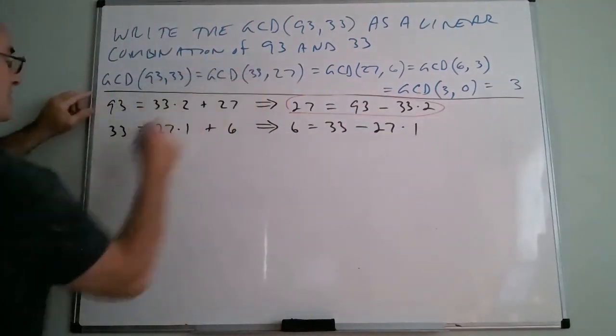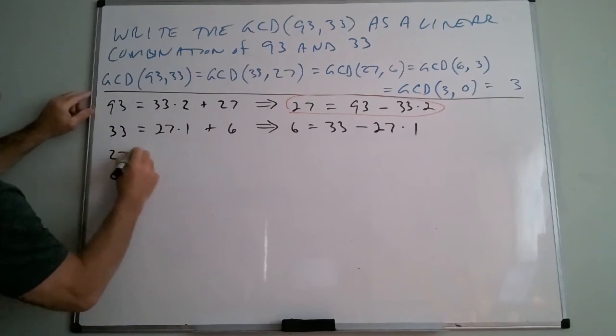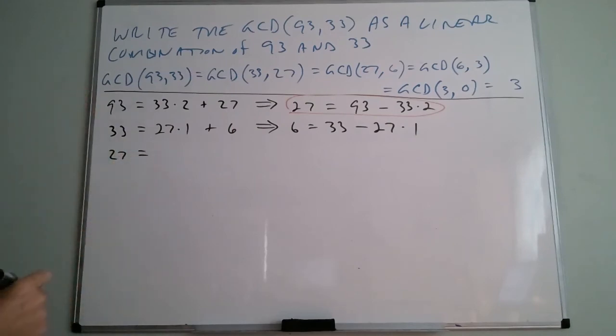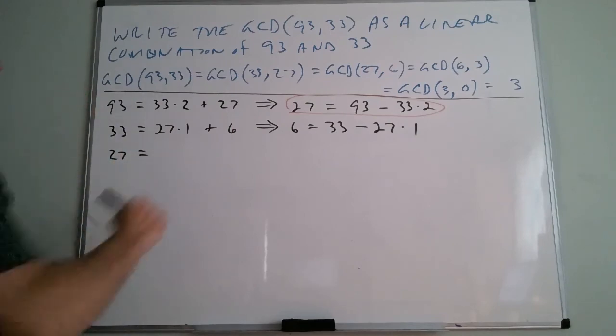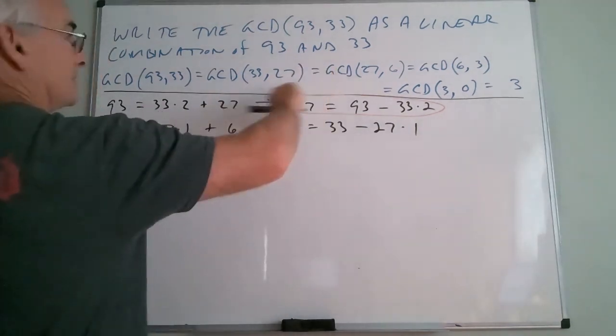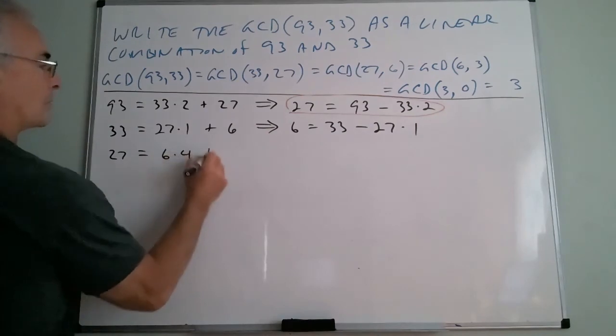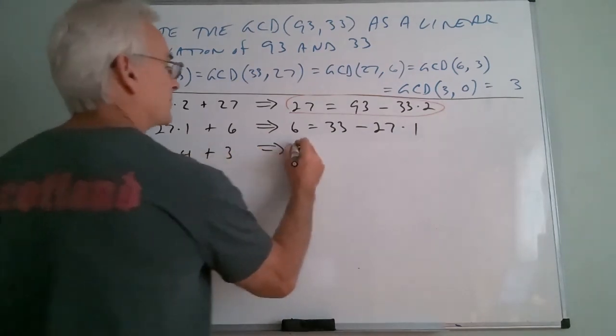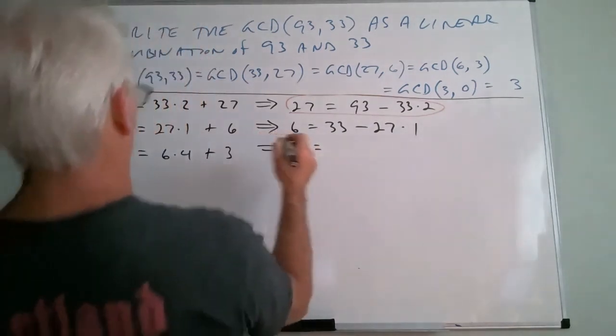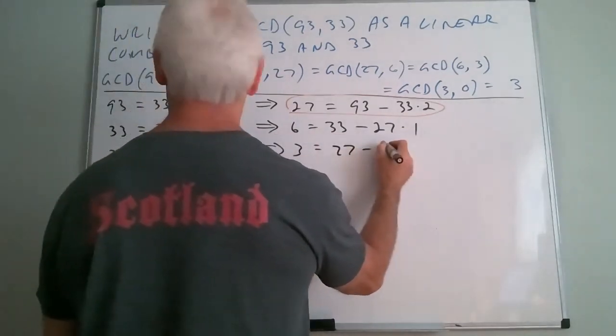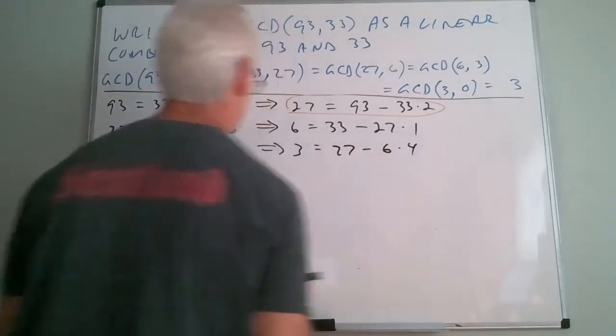So now the next number is 27. Sorry, I'm getting excited here. 27, and what am I looking at? How many times does 6 go in? So 27 is 6 times 4 plus 3. That gives me 3 equals 27 minus 6 times 4.